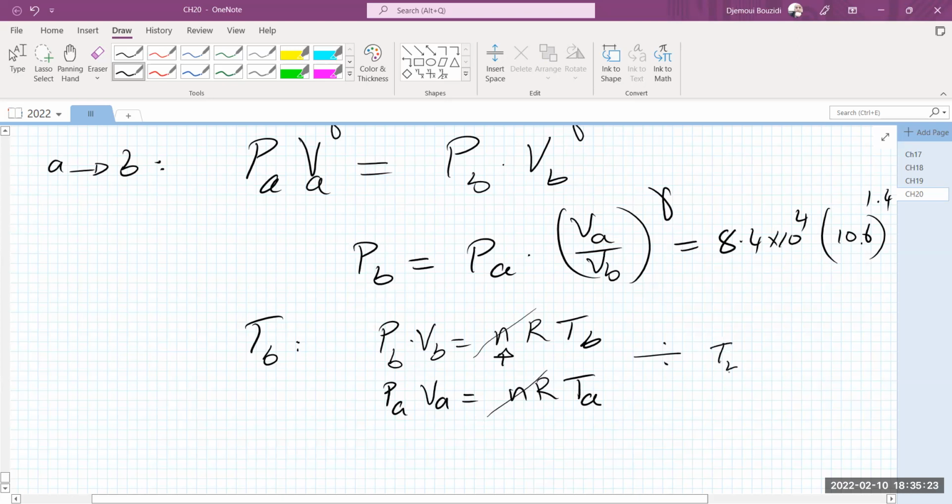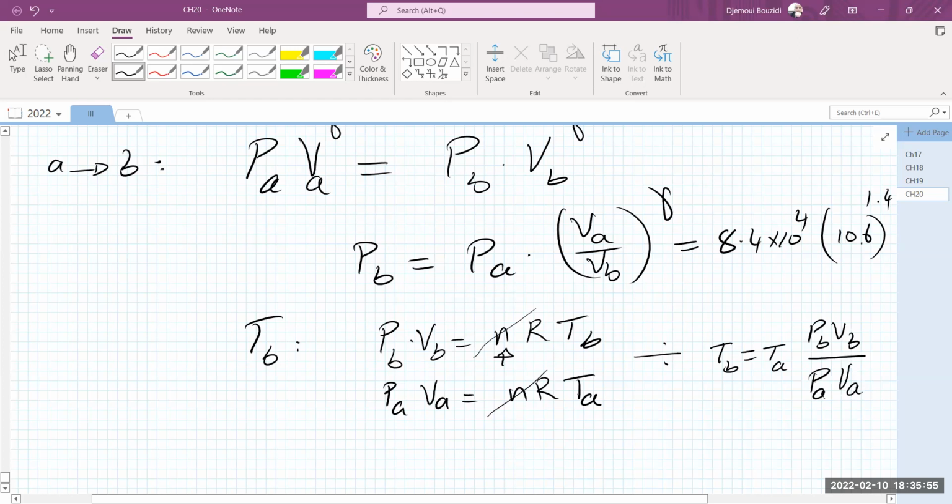And you can find TB equals TA times the ratio of PB VB over PA VA. Remember, PB, you just calculated, is related to PA times R to the power gamma, so PA drops out. Then VB over VA is the same ratio to the power gamma.